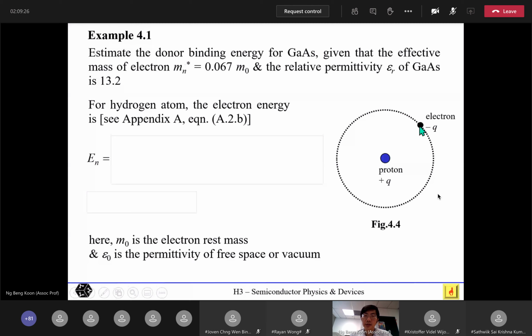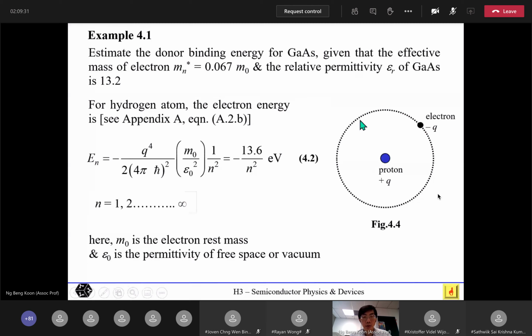We can estimate this by first considering the hydrogen atom, which has a similar configuration. In the hydrogen atom, we have an electron and a nucleus that are bound.